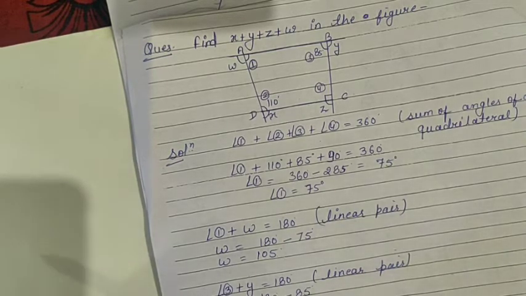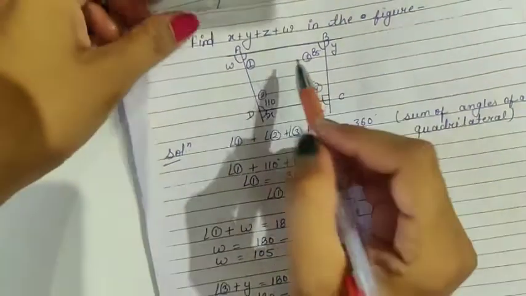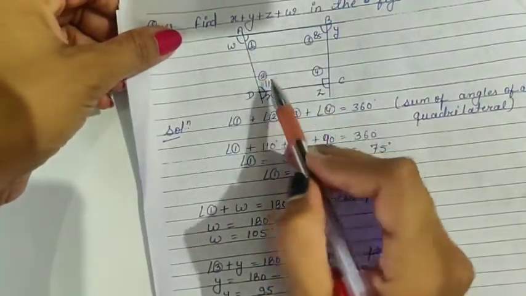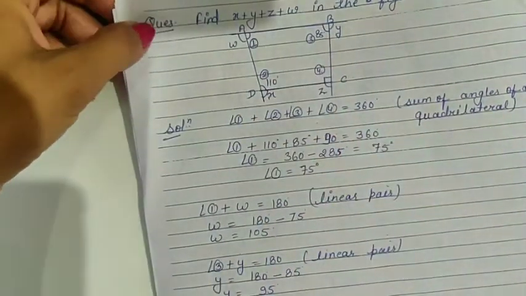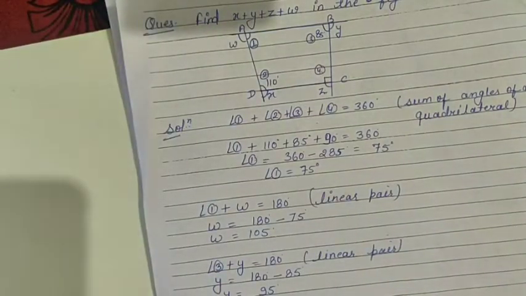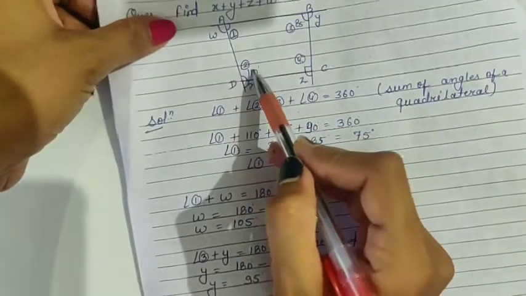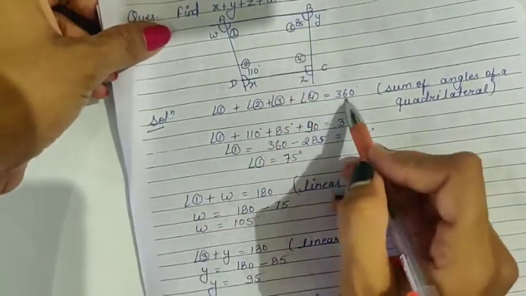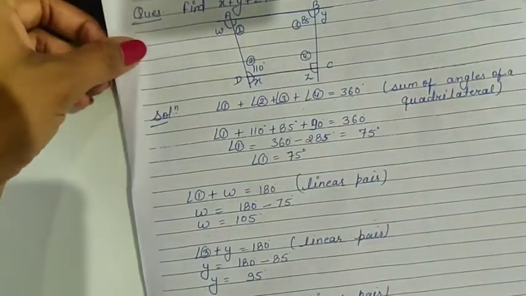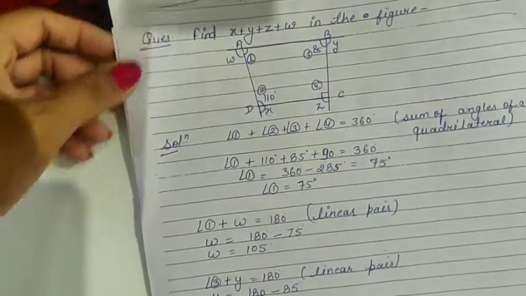Now we will prove this. Let these angles be 1, 2, 3 and 4. So this is a quadrilateral, and we know that sum of angles of a quadrilateral is equals to 360 degree. So 1 plus 2 plus 3 plus 4 is equals to 360 degree, the sum of angles of a quadrilateral.